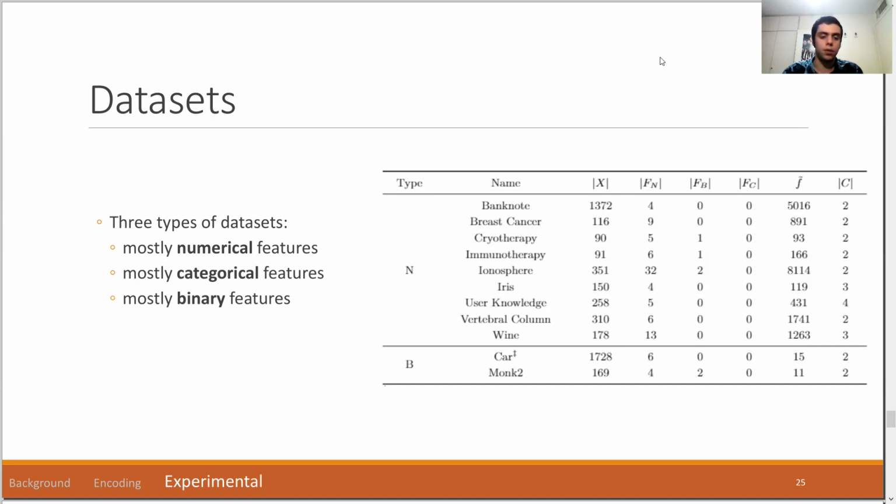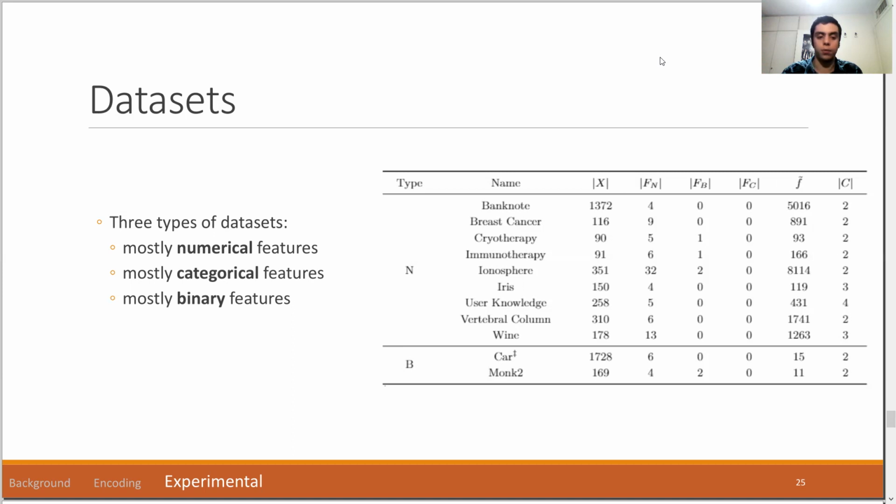One additional thing to note here is that by mostly, we mean that, for example, a mostly binary data set is not necessarily an all binary data set. It might have numerical features, but those numerical features don't have a lot of different values. So in nature, they're closer to a binary feature instead of a numerical feature.